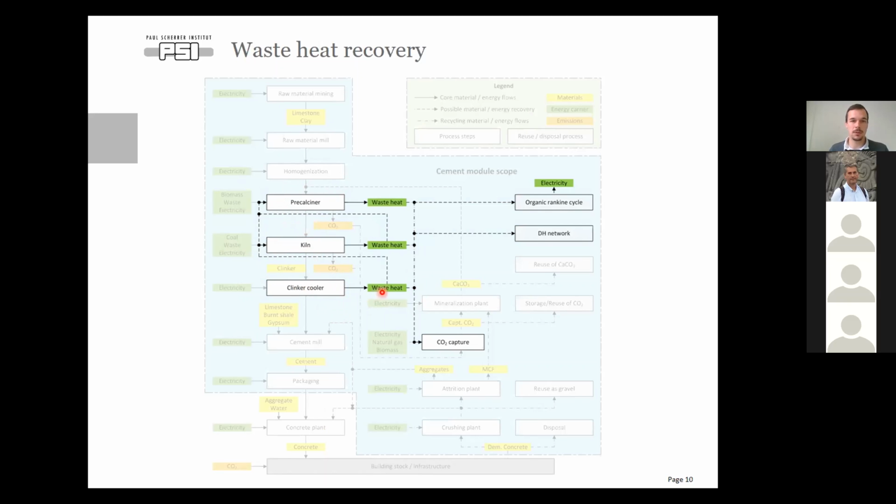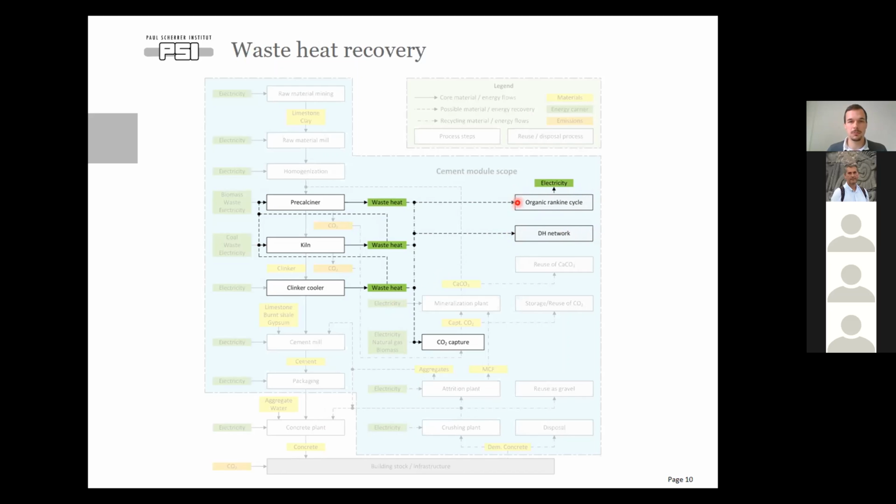Usually waste heat from the clinker cooler, for example, is used to preheat the combustion air that is then used in the kiln. And waste heat from the kiln is often used again in the pre-calciner at a lower temperature. But now with this modeling technique, we also have the opportunity to do other things with the waste heat that we have available in the process.